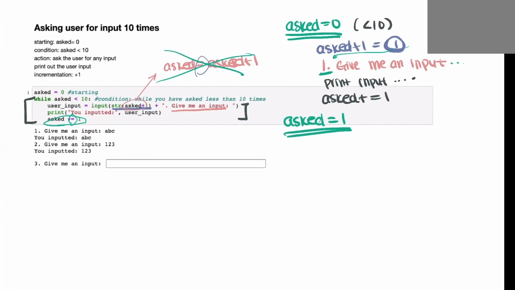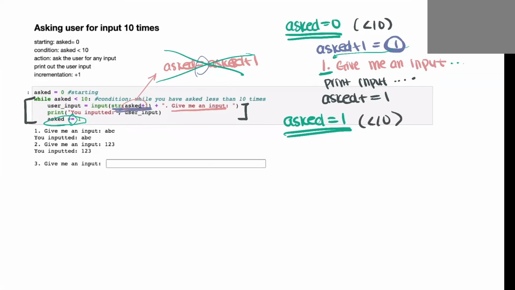So now that it's updated to 1, I'm going to check this part right here again, because I've reached the bottom, and then I have to loop back to the top to see if it's a true or false statement. If it's true, then I fall into the code block. And because asked is equal to 1, which is less than 10, it will fall in and it will see this again.